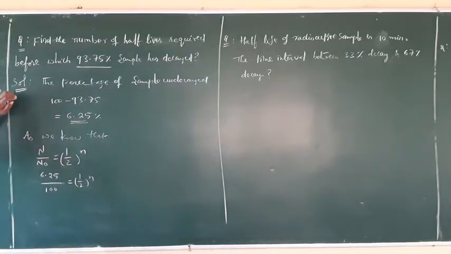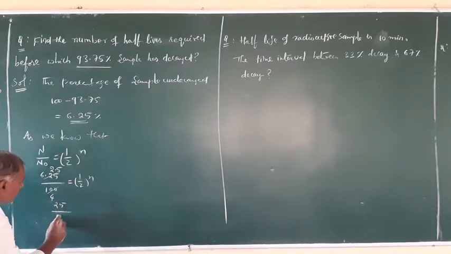So this can be simplified. 25 times 25 is 625, but here the decimal point is there.